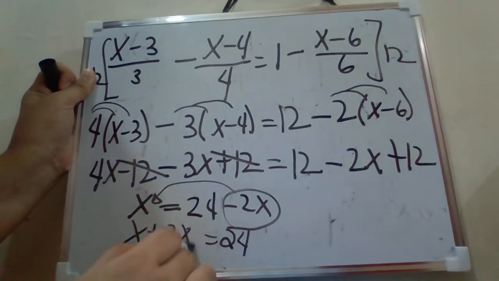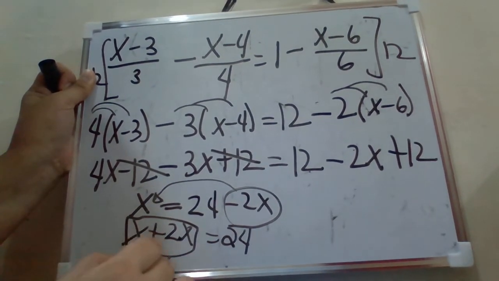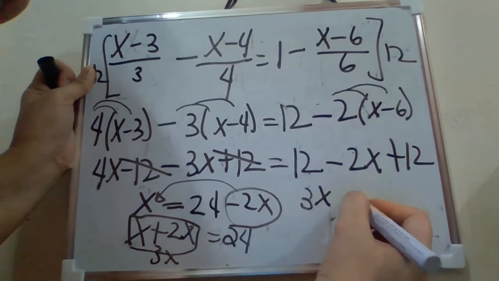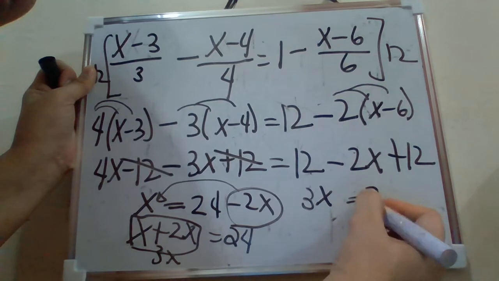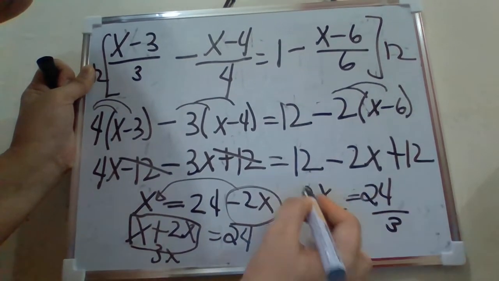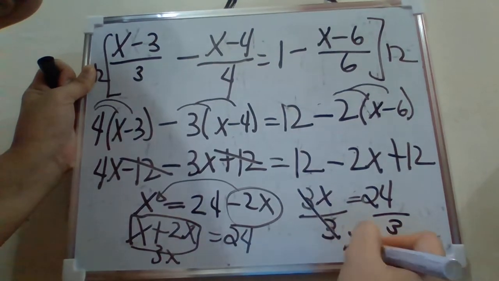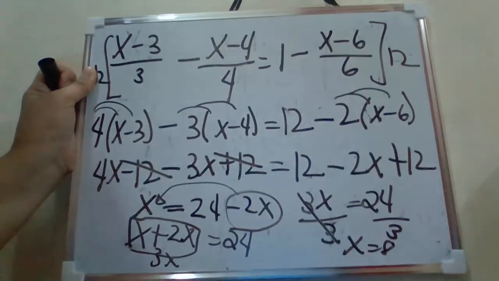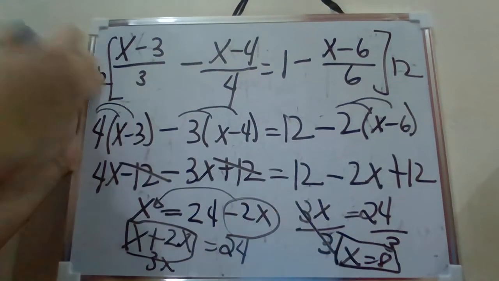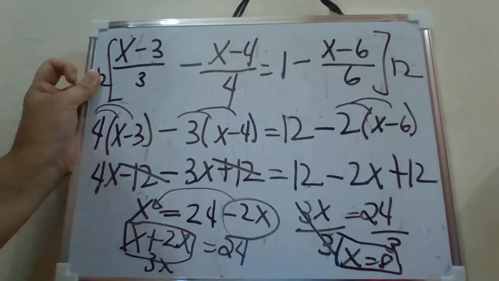So this becomes 3x equals 24. Now let's eliminate that 3. Then x equals 8.